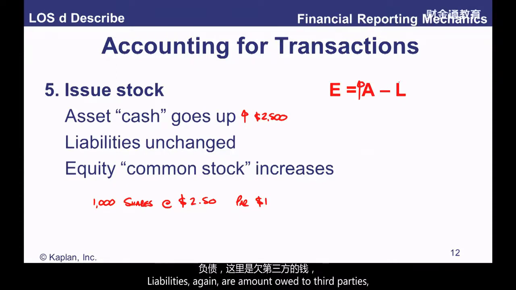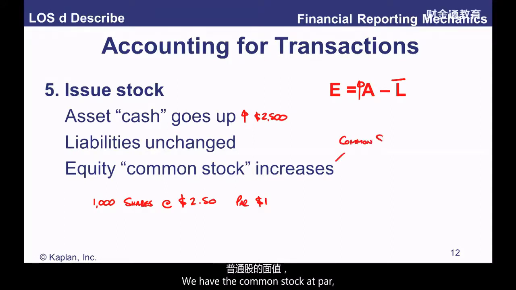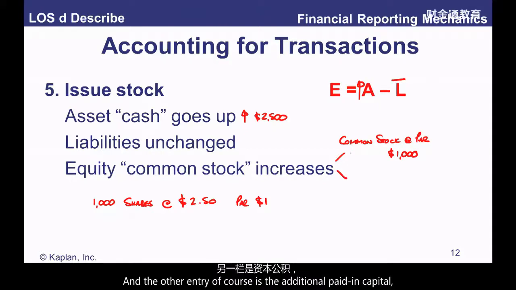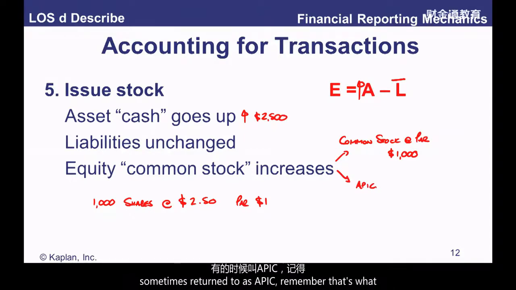Liabilities. Well, again, liabilities are amounts owed to third parties, and the shareholders are not a third party, so that remains unchanged. So it's going to be an impact on our equity. So our common stock is going to increase. And actually, remember, we need to deal with the split. We have the common stock at par. And that's going to be $1 shares, 1,000 shares. So that's going to be recorded at 1,000. And the other entry, of course, is the additional paid-in capital, sometimes referred to as APIC.